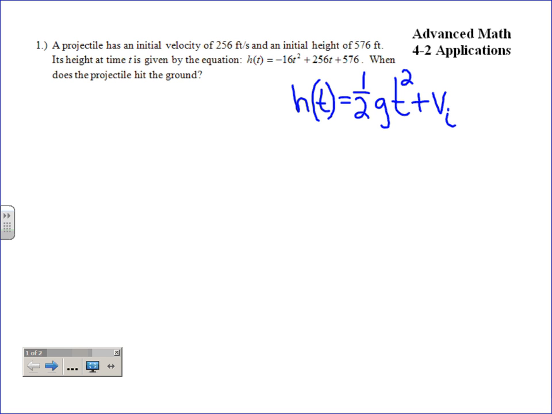V sub 0, V sub I, times time. Plus initial height. This is for a free falling object. Yes, this has a lot to do with physics.